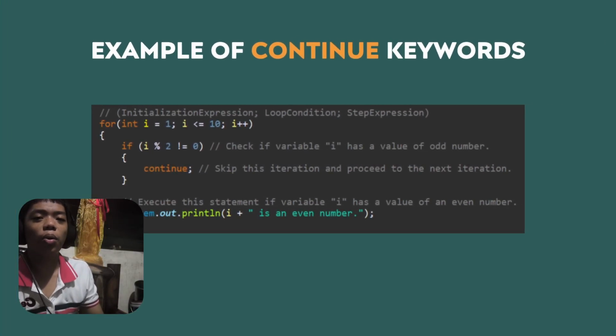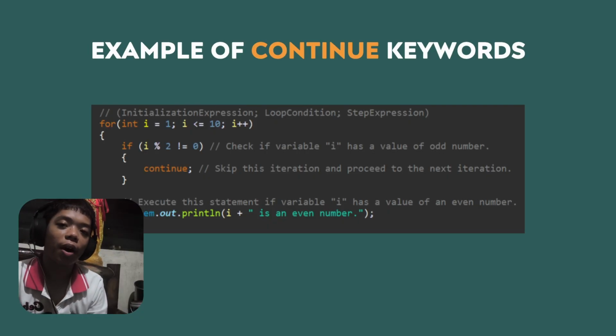Now the example with the continue keyword. We created a for loop that should run 10 times because of its loop condition and the variable i. In the body of our for loop, there is an if statement checking if i is an odd number.